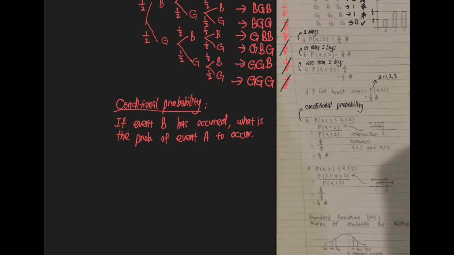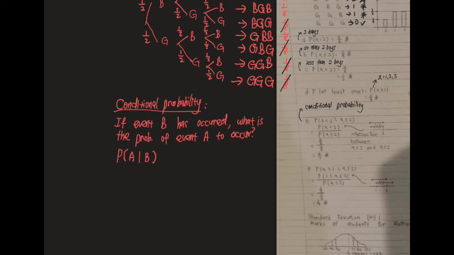Then we write it like this: probability of A given that B has occurred. Or, if event B has occurred, what is the probability of A to occur? This is what we call conditional probability, where B is the condition.